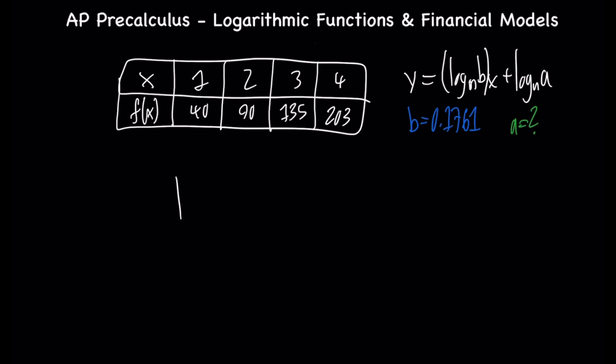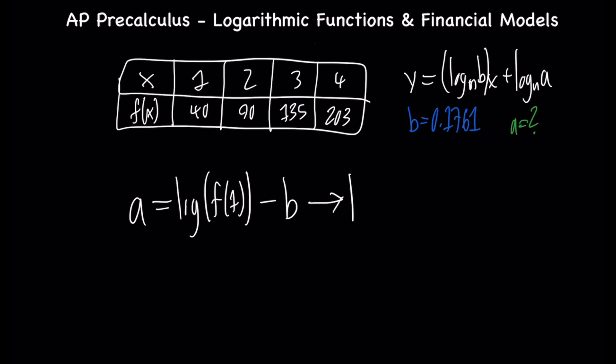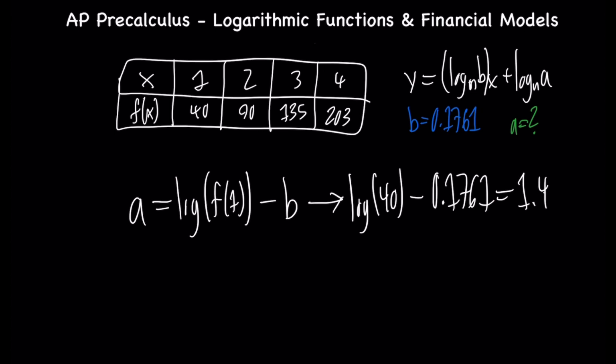Well, yes, f of 1: log of f of 1 minus B. This is how to solve for your A value. So you're going to have log of f of 1, which is log 40, minus 0.1761. If you do the math, you will end up getting, if you round it to the nearest 4 decimal places, 1.4259.